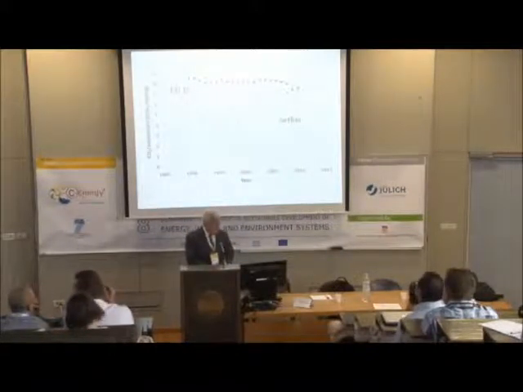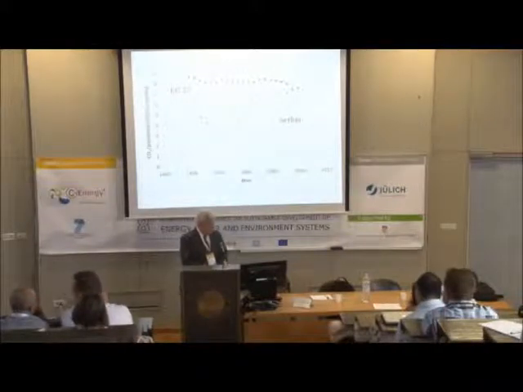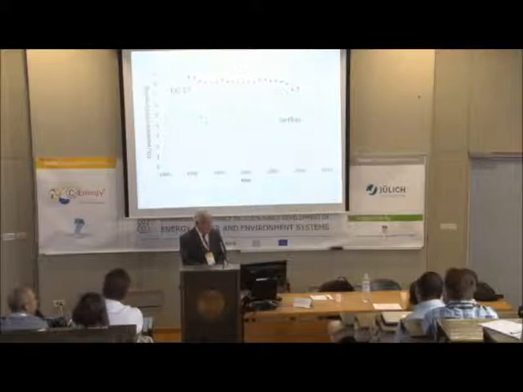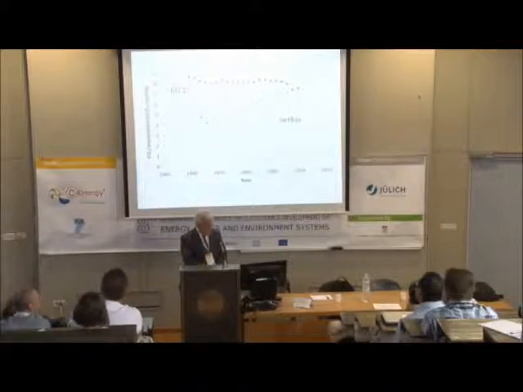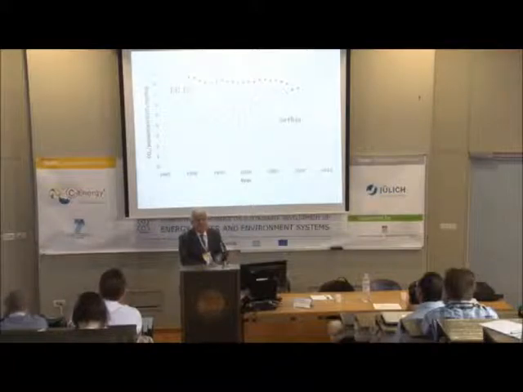Here is one very, very interesting graph. That's CO2 per population, and we see a very stable decrease in European Union 27, and an increase in Serbia. What is again very, very interesting, actually, this increase followed the increase of the total primary energy supply per population.